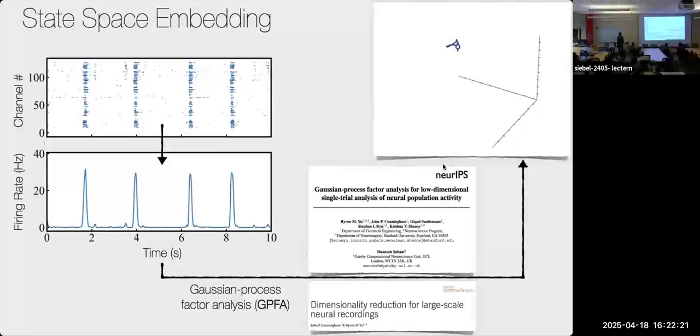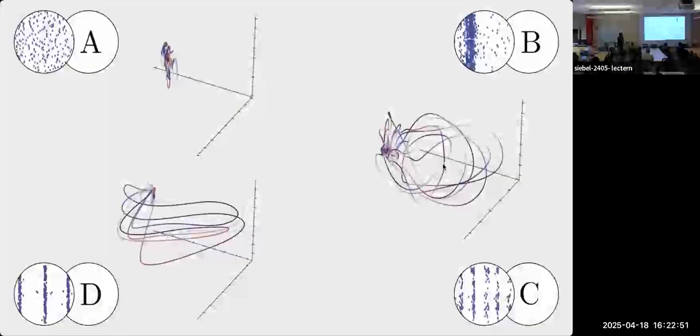There are a lot of existing methods, like Gaussian process factor analysis, that try to interpret what this low dimensional trajectory is. This gives us some nice visualizations of the neural activities, but we can also use it to interpret the behaviors, and to see if the dynamics is changing over time. We are currently trying to see if we can make any further applications out of this line of work.